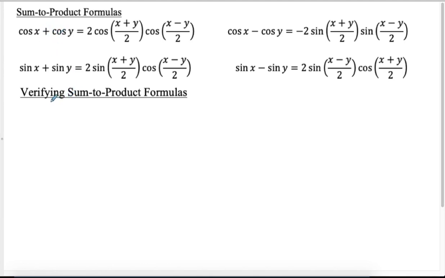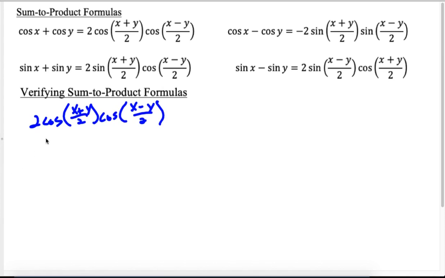Okay, so let me write that out here. 2 cosine of x plus y over 2 times the cosine of x minus y over 2. So what I am going to do here is use the formula for the product of cosines.